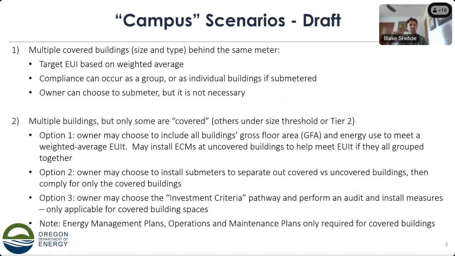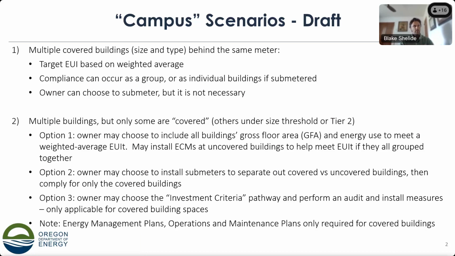In that scenario, there are a few different options that we're proposing in the draft rules for compliance. If each of those buildings has a target, say they're all covered and they all have a target, that target EUI can be based on the square foot weighted average of those buildings if they're all grouped together. If the owner chooses to install a sub-meter to be able to separate those out, those buildings could comply individually based on their own measures and their own EUIs.